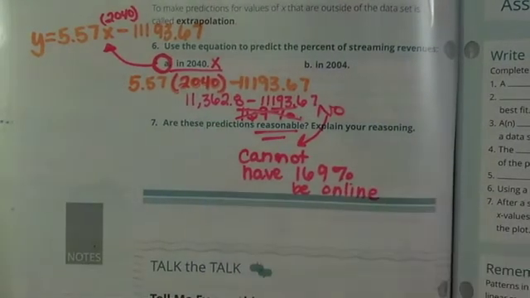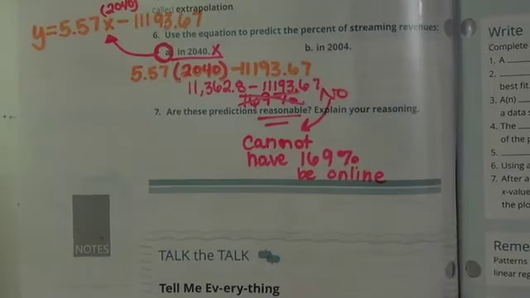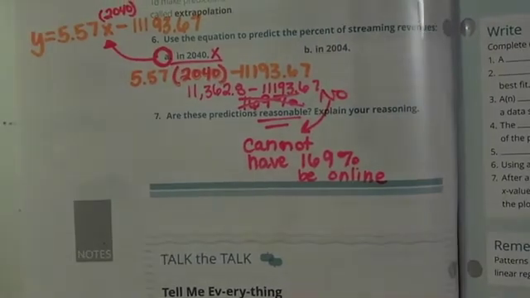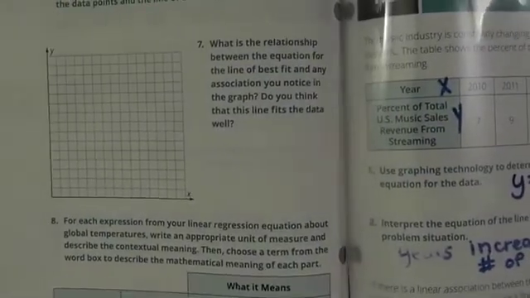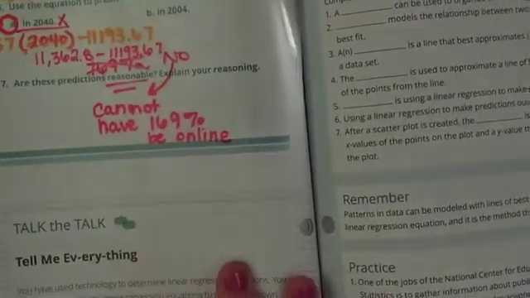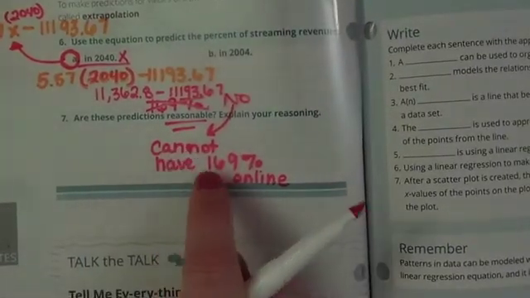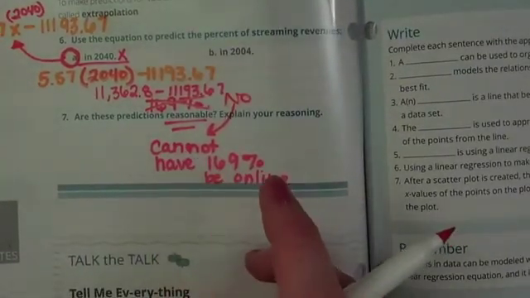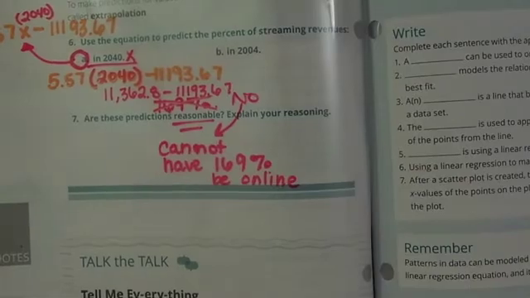They could have 100%, but they could not have 169%. So just keep that in mind. Sometimes these predictions will be crazy numbers, but scientists would see that and know, okay, that's not realistic. So we couldn't use that prediction equation.